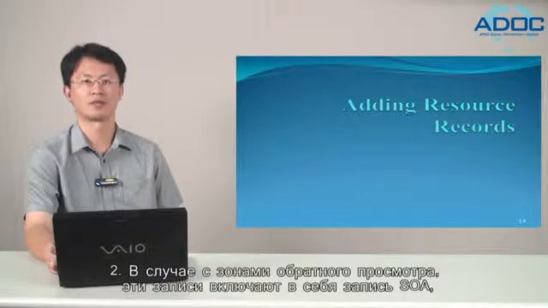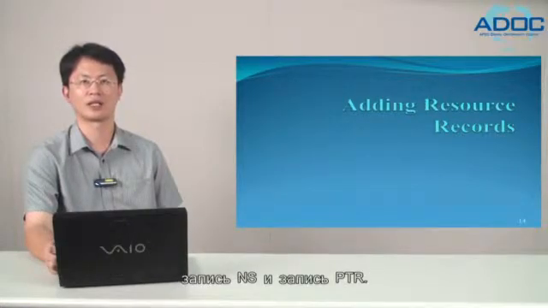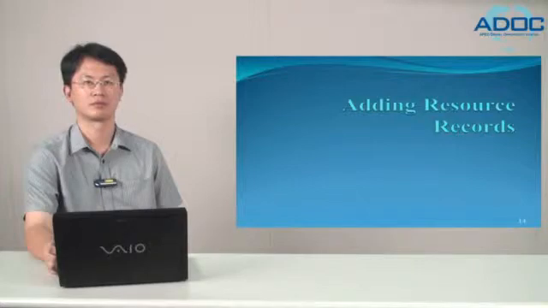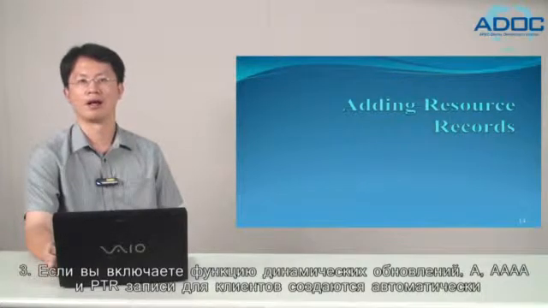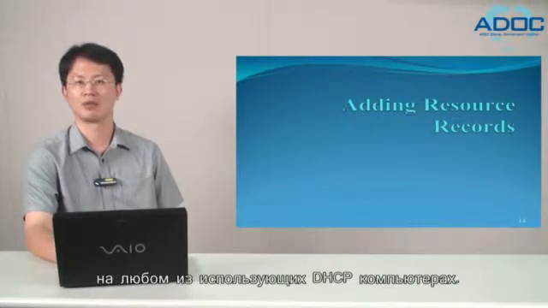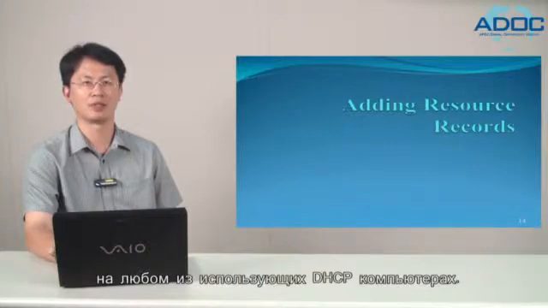For a reverse lookup zone, these records include an SOA record, NS records, and PTR records. When you allow dynamic updates, A, AAAA, and PTR records for clients are automatically created for any computers using DHCP.